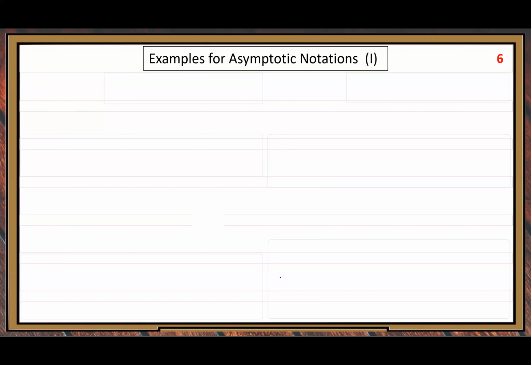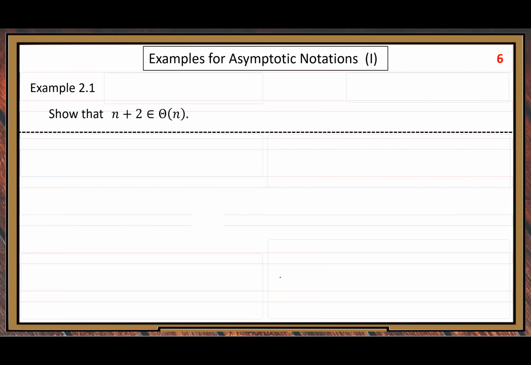Next time I will give you slightly harder examples. Today, there are 3 simple examples. Next time, 4 harder examples. Example 1, show that n plus 2 belongs to big theta of n.